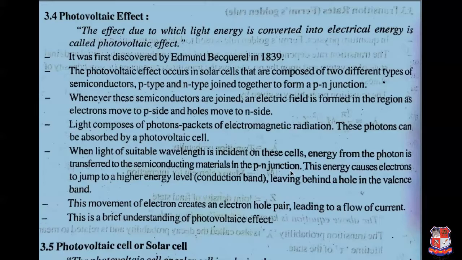This energy causes electrons to jump to a higher energy level, called the conduction band, leaving behind a hole in the valence band. This movement of electrons creates an electron-hole pair, leading to a flow of current. This is a brief understanding of the photovoltaic effect.